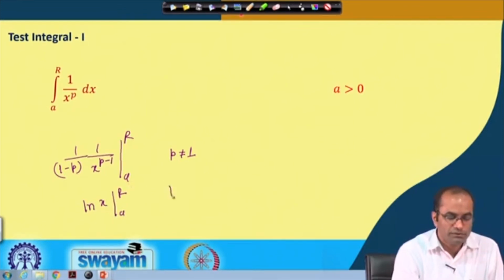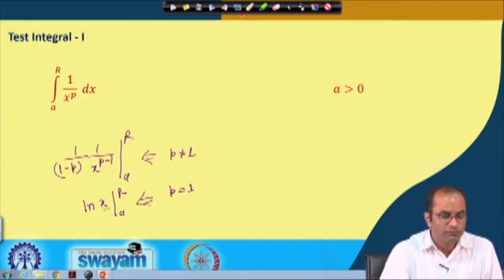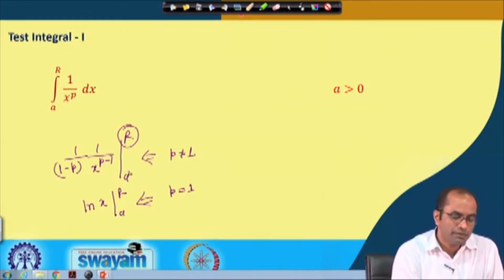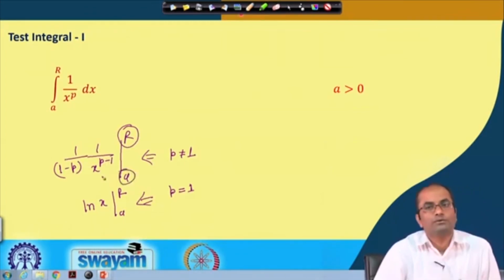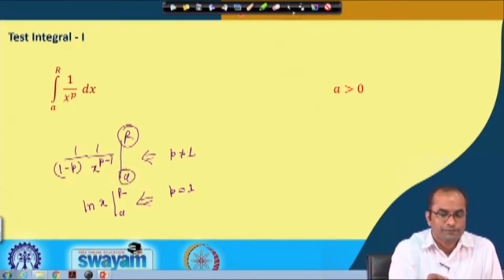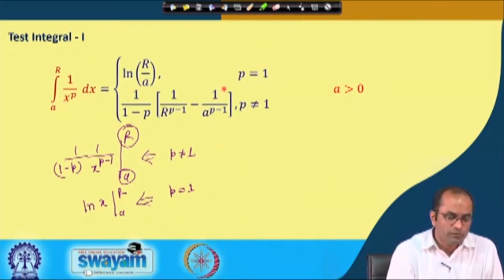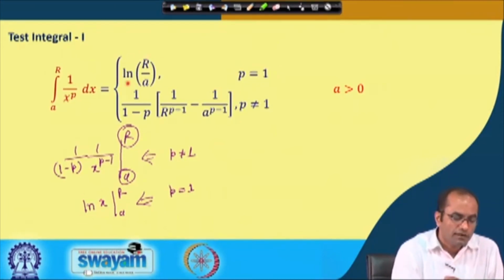So, there will be two possibilities. When p is equal to 1, this will be the integral, and then we can substitute the upper limit r and the lower limit a. So, for p equal to 1, we have ln r minus ln a, which is ln of r over a.